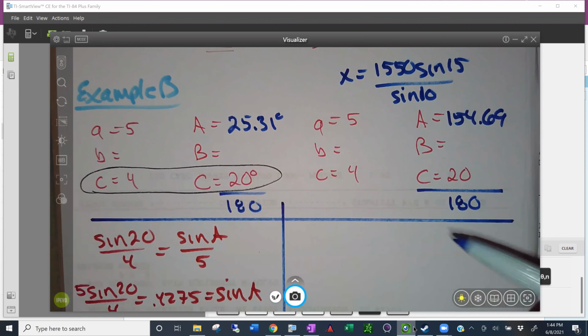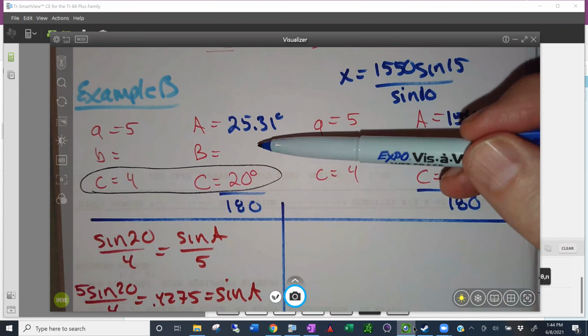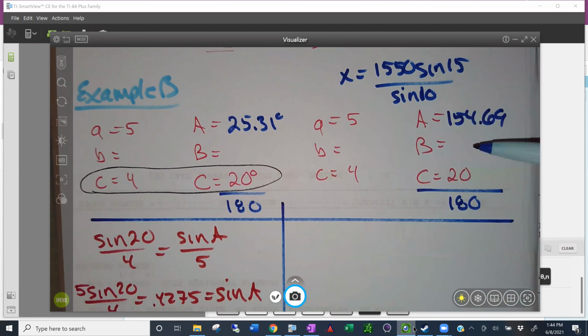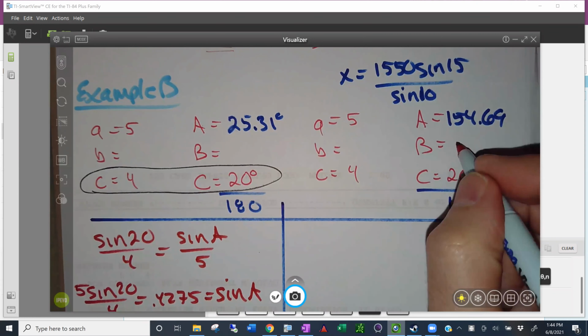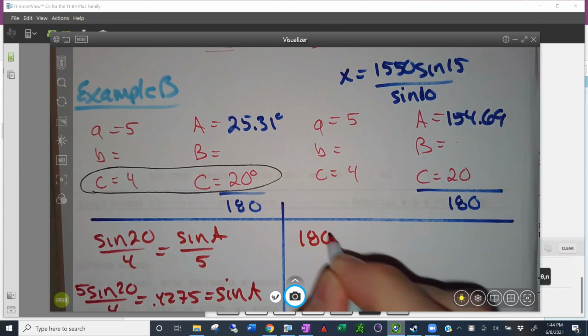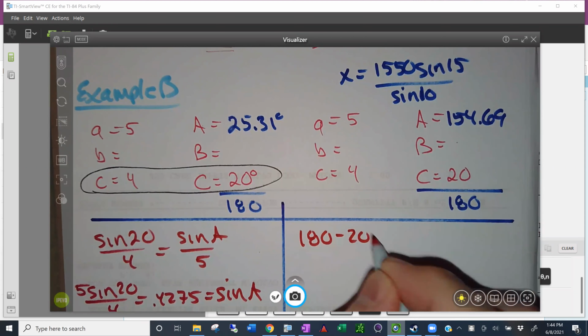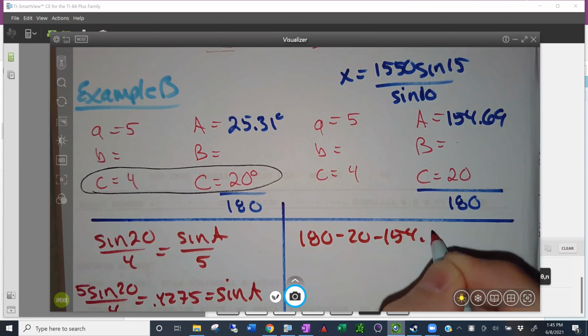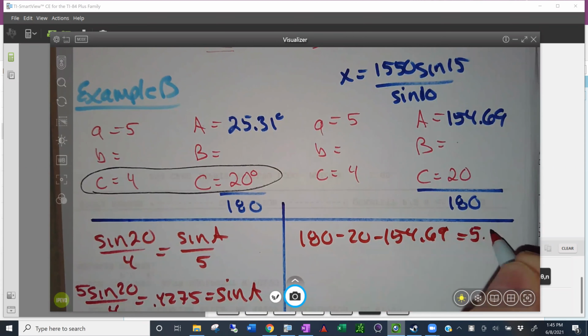Certainly I've got room to find another angle here, and I can squeeze in a little angle here, right? If you take 180 minus 20 minus 154.69, it's going to give you about 5.31. So a very small angle, but it can work.